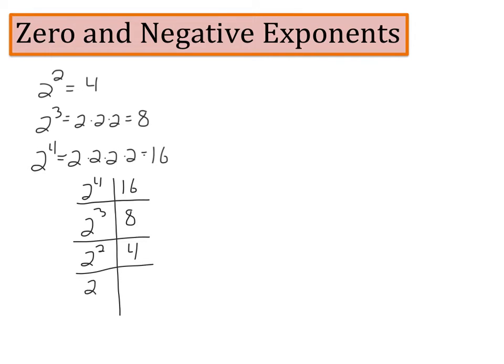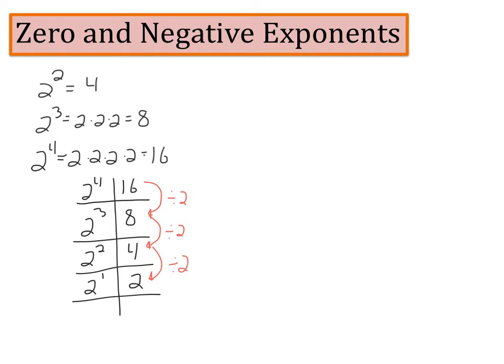And if we raise 2 to the 1, that's just 2. Okay, so what's happening to each value here? Well, we can see that it's getting divided by 2. 16 divided by 2 is 8. 8 divided by 2 is 4. And 4 divided by 2 is 2.